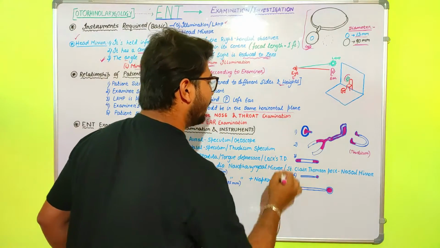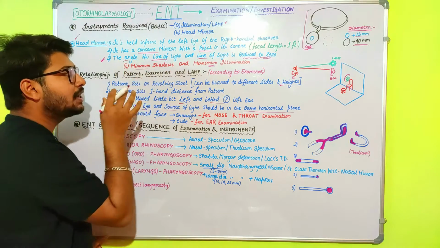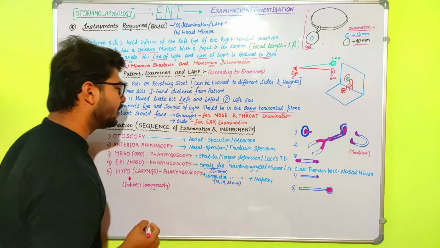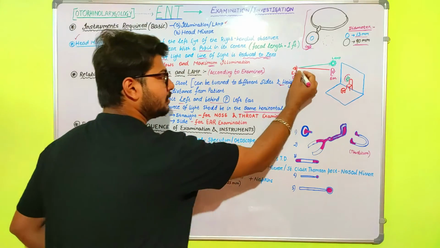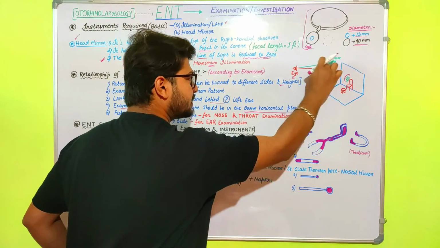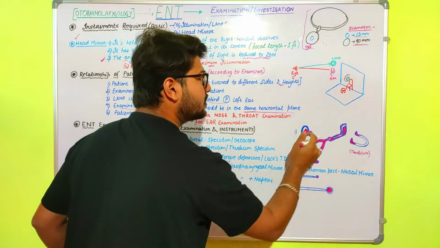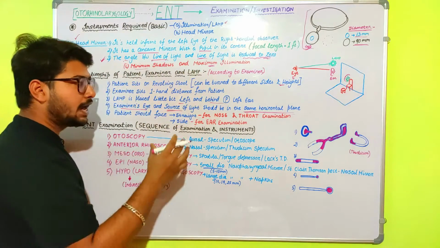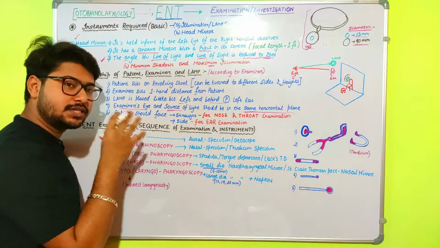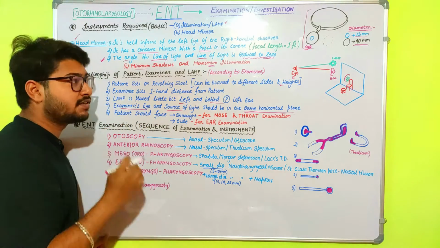As I have explained, this is required because the angle between the line of light and the line of sight should be zero. The examiner's eye and the source of light should be in the same horizontal plane. These are the ENT organs that should be located and properly observed if the angle is zero. If the angle deviates from zero, then we will have blurred vision.